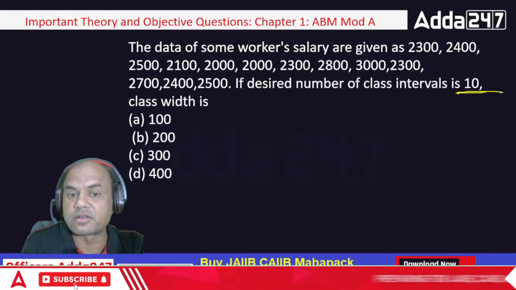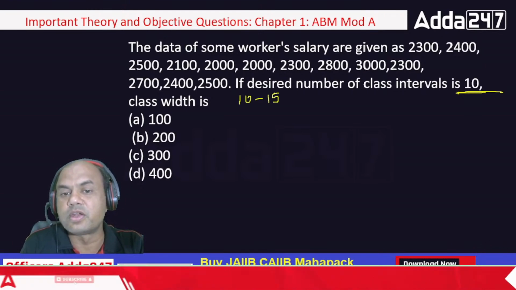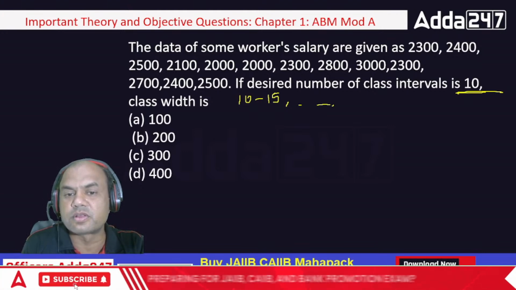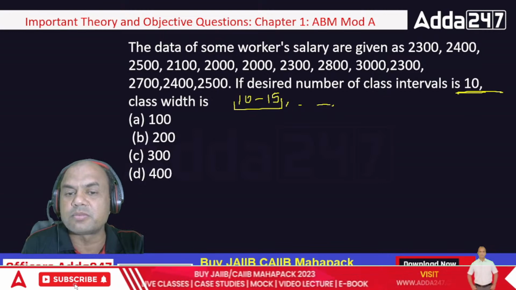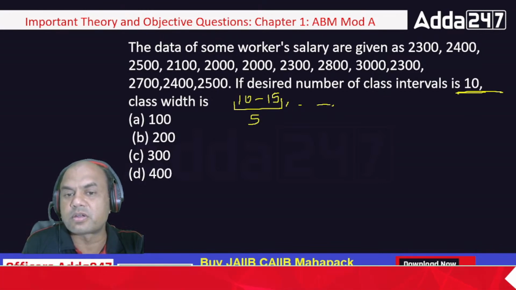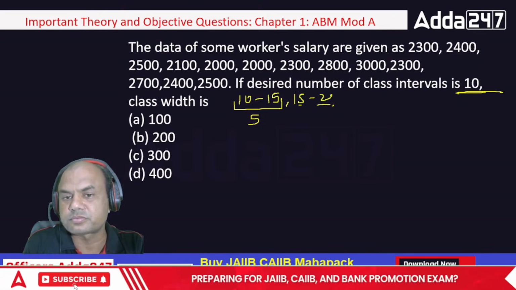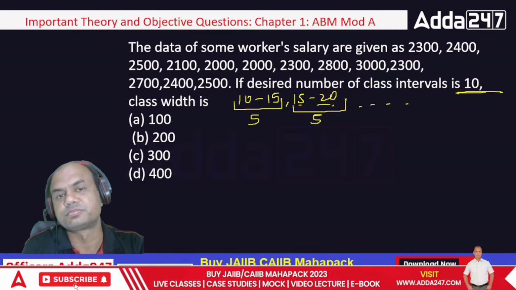Just now we saw 10 to 15, 15 to 20 and so on. This is known as class width, the difference between these two. 15 minus 10, so 5 is the class width. Similarly 15 to 20, subtraction, 5 is the class width. So remember, class width will always remain the same.